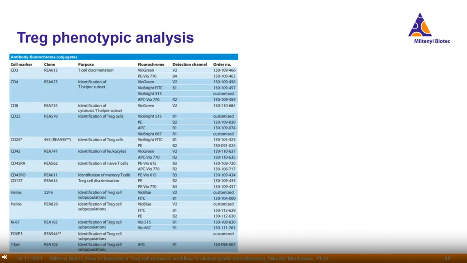And here I would like to tell you that we can help you to analyze your cells phenotypically with a very optimized and flexible panel of antibodies. You just need to contact us and tell us your aim, your goal, your wish panel, and we help you to optimize your panel.